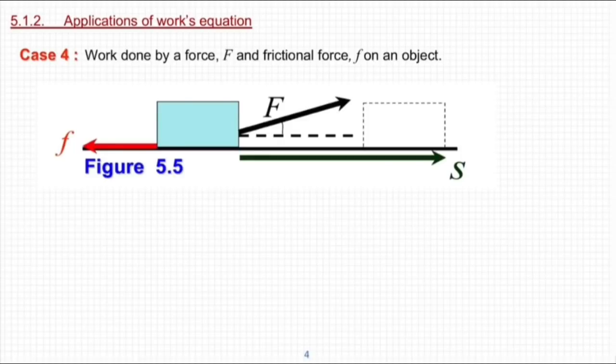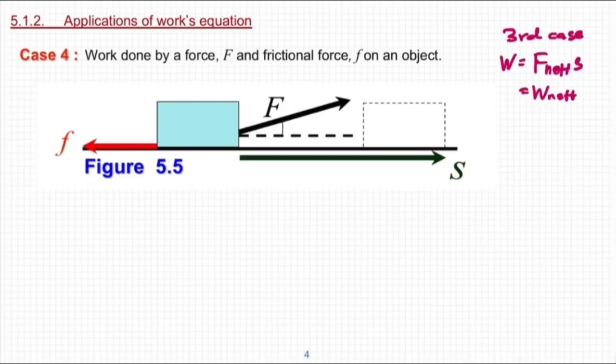For the fourth case, we also have two forces. In this case, we have force F and also frictional force. The difference here is that you can see force F has an angle to the horizontal. If we want to find the work done, we can do the same thing as we did for the third case, where we have two forces or more, and we can use W is equal to F net S. This is actually equal to the net work.